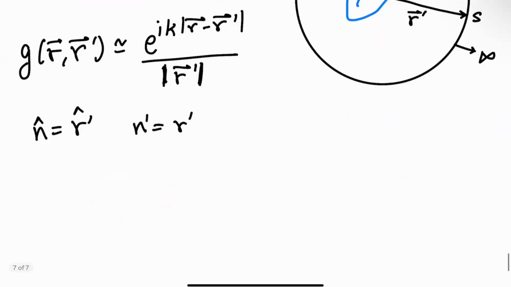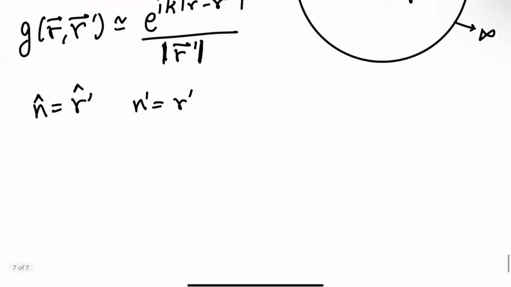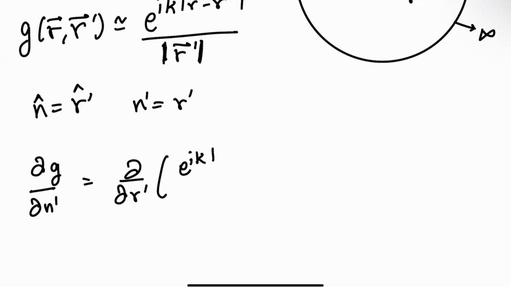Essentially we are left with calculating dg/dn', which is nothing but d/dr' of e^(ik|r−r'|) over 4πr' from these approximations.